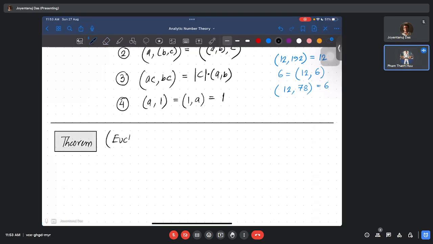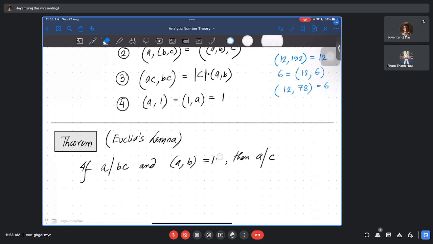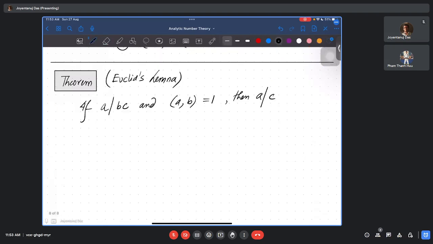It says that if A divides BC and the GCD of A and B is 1, then A must divide C. Is the statement clear? The proof is not very difficult.